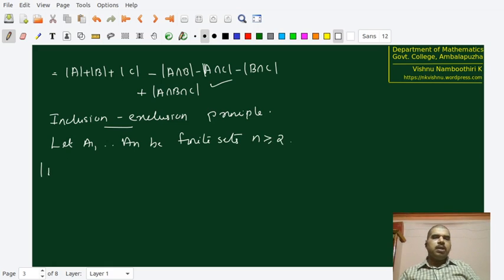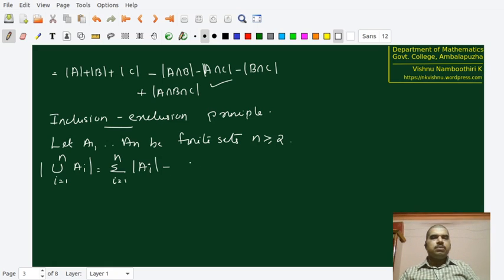Then cardinality of A1 union, or otherwise we can use the sigma notation, union i equal to 1 to n, Ai equal to, first of all, we have to take a single set, sigma i equal to 1 to n cardinality of Ai, that means A1 plus A2 plus A3 plus etc. An minus, next is take pairwise intersection.